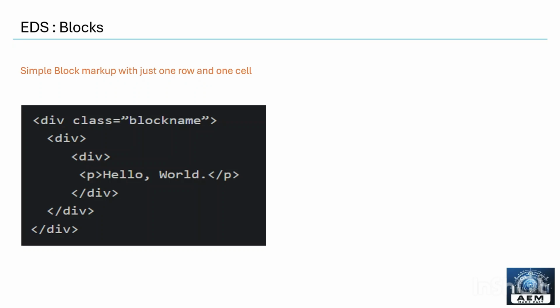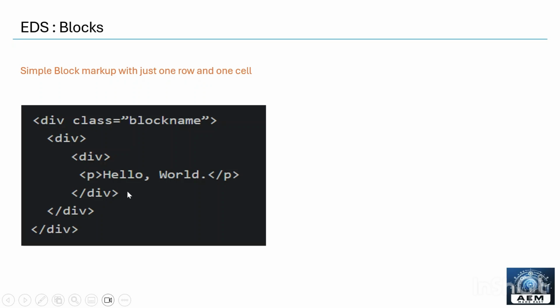So for example, this is just a simple block markup example. There will be this block div, and there will be one more div on top of that, that is called the wrapper div for each and every block. And this first div is basically for the row, and this div is basically for the column or cell.